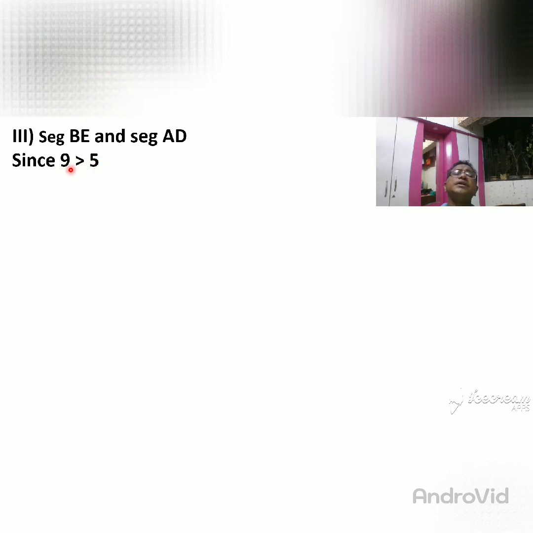So 9 is greater than 5. So length of B is equal to 9 minus 5. 9 minus 5 is equal to what? 4. So length of B is equal to 4. Is that clear? Then we are going to see segment AD. I am sorry, segment AD.